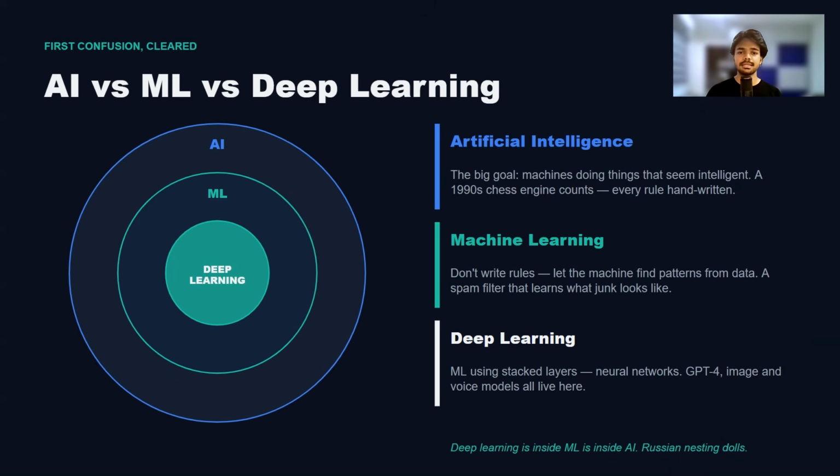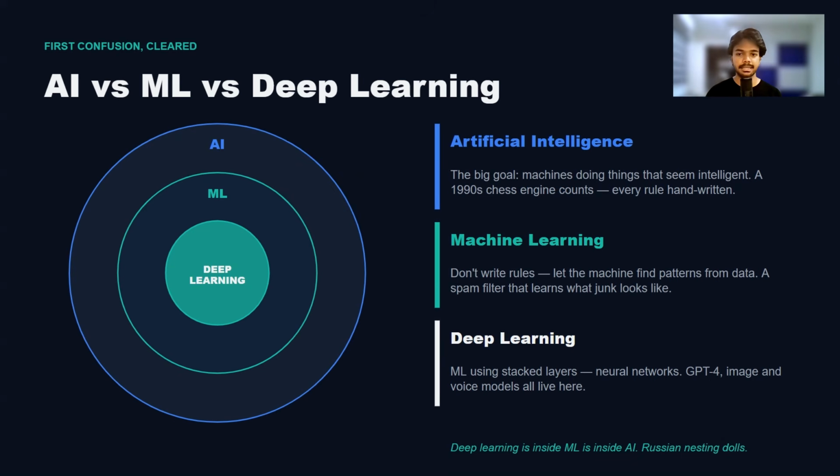It's basically machine learning using stacked layers. We have neural networks, GPT-4, image generators, voice models. Almost everything you can think of as AI today lives in this small inner circle. So here's the one liner. Deep learning is inside machine learning, inside AI. It's like a Russian nesting doll.